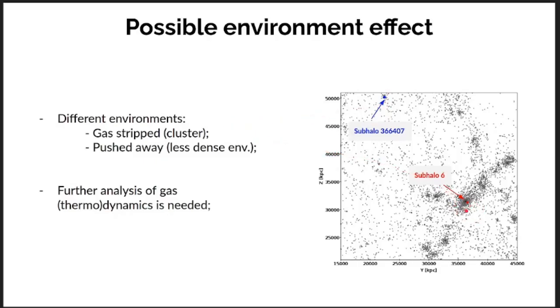In this case here, the gas may be stripped, so the galaxy will have no fuel for further star formation, and here the gas may be pushed away, maybe some effect of AGN or other complex effect, but this requires a further analysis of the dynamics and thermodynamics of the gas in these objects.